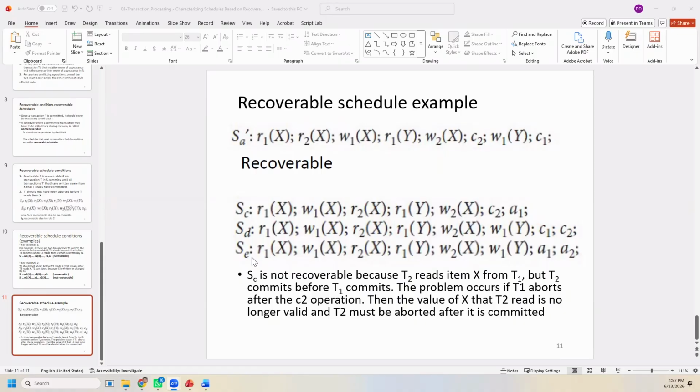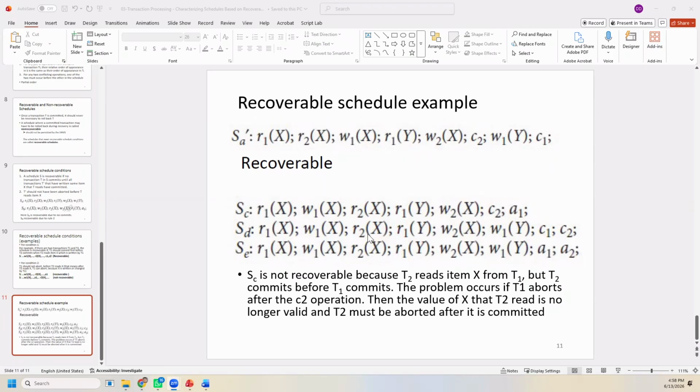Then SD and SE, Schedule D and Schedule E, are recoverable, right? Recoverable because here you can see C1 is committing first. Here you can see W1, transaction 1 has written, right?